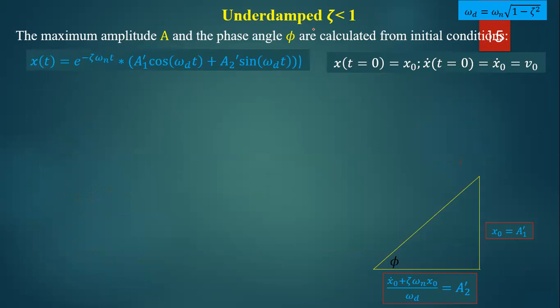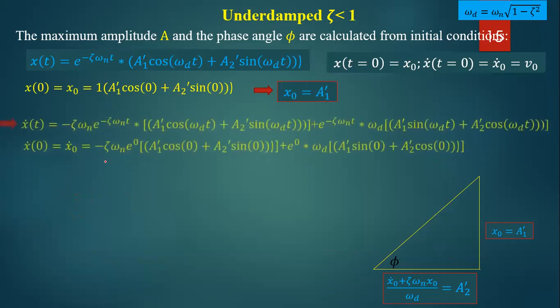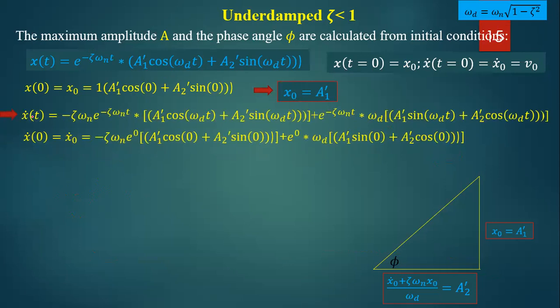Substituting these into our main equation, we get A1 prime equal to x naught. Differentiating this term once, we get x dot.